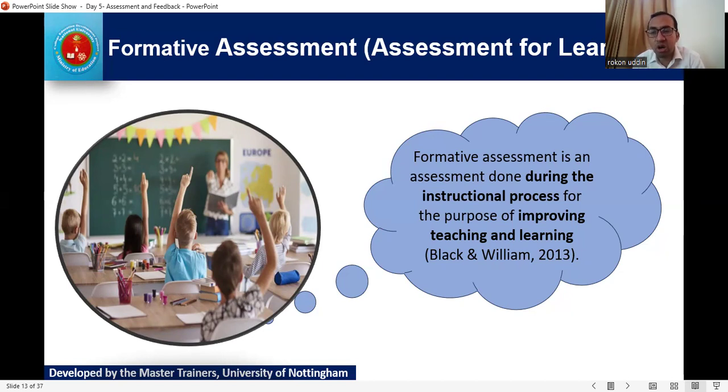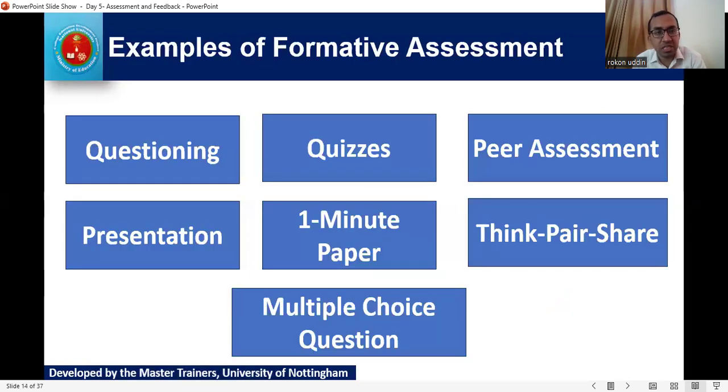So assessment of the 1 minute papers is also a kind of formative assessment. Let us see some examples of formative assessment.